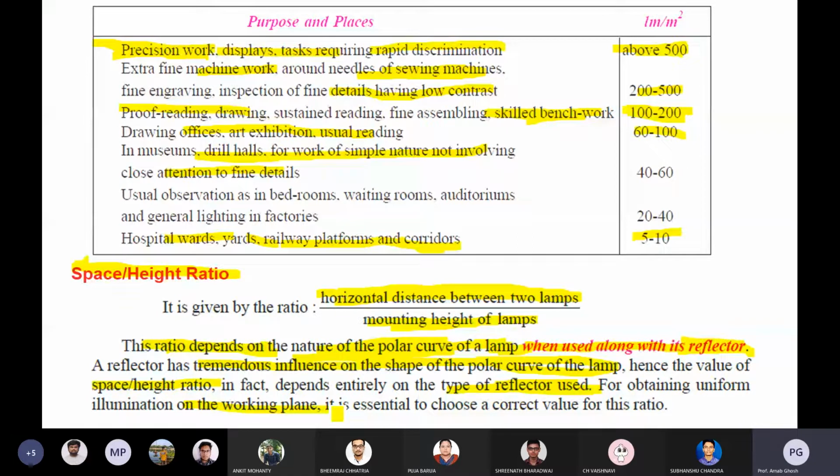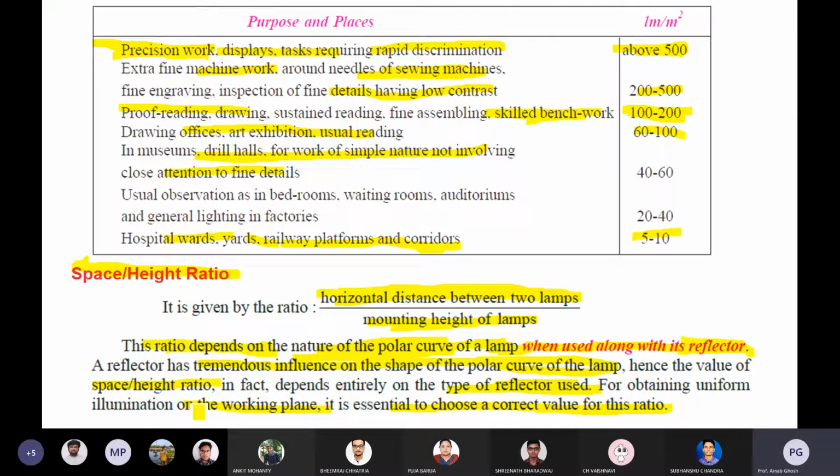So the first one is the space per height ratio. What is that? It is the ratio between the horizontal distance between two lamps and the mounting height of the lamps, how far they are situated from your base level.